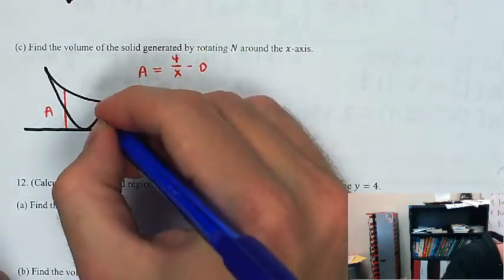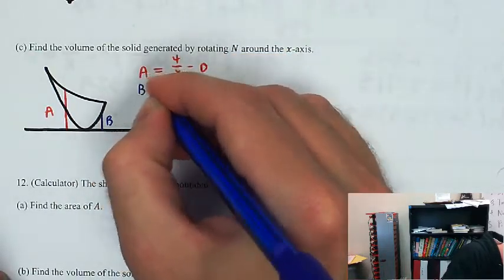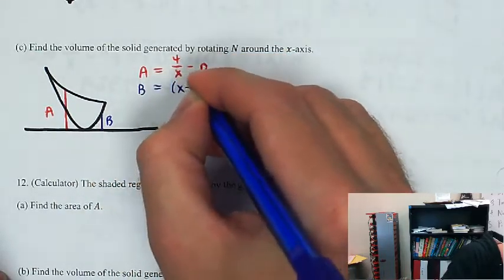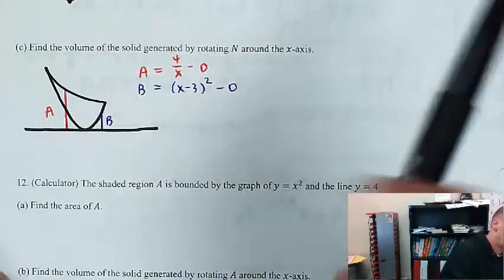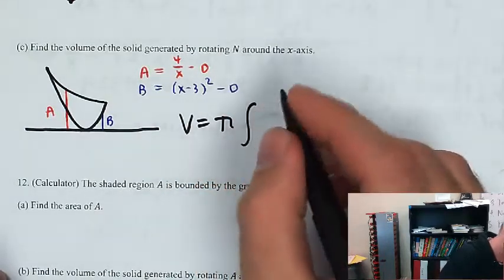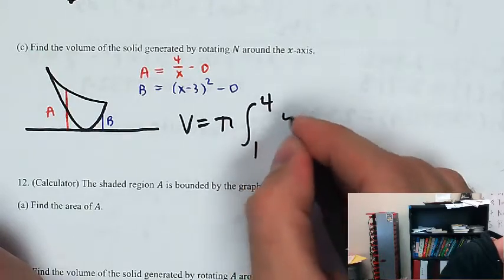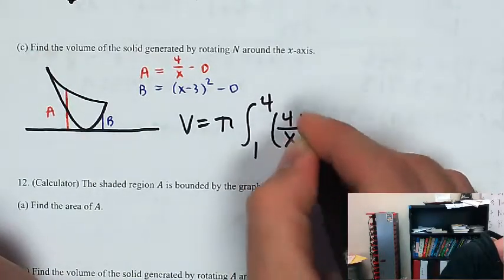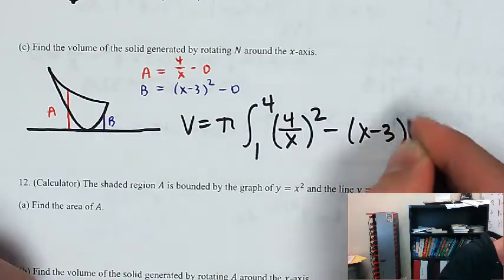My small radius is going to be top minus bottom. So the volume will be pi times the integral from 1 to 4 of large radius squared minus small radius squared.